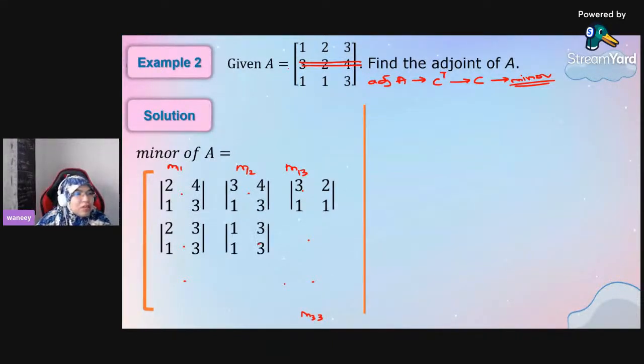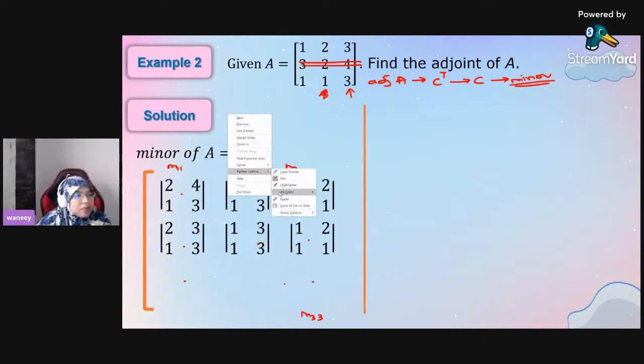Deleting the second row, second column, so delete the second column over here. They will become 1, 3, 1, 3. And then delete the third column, so 1, 2, 1, 1. Next we have to delete the third row.